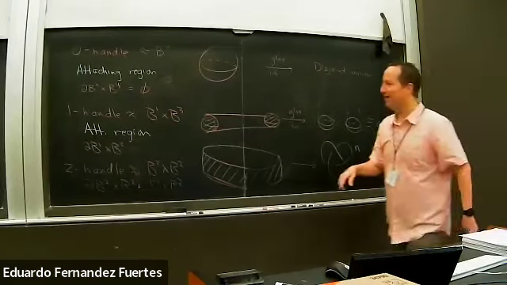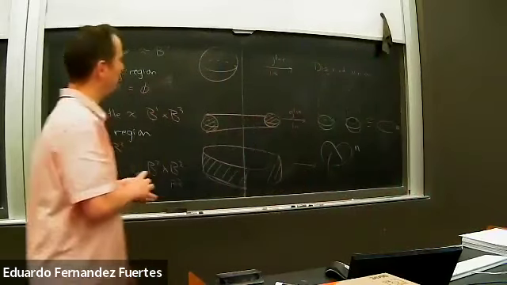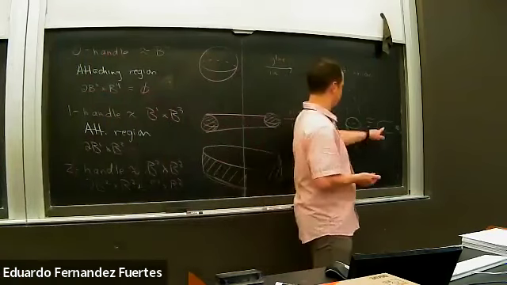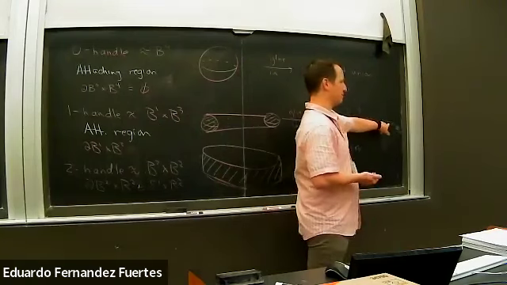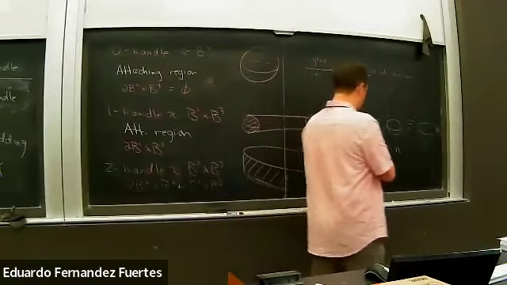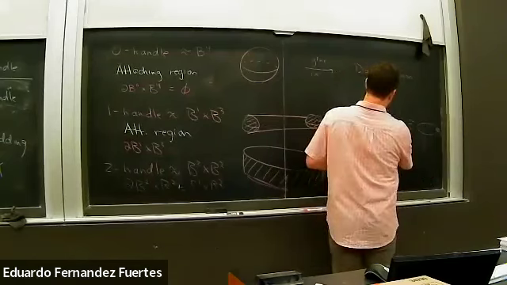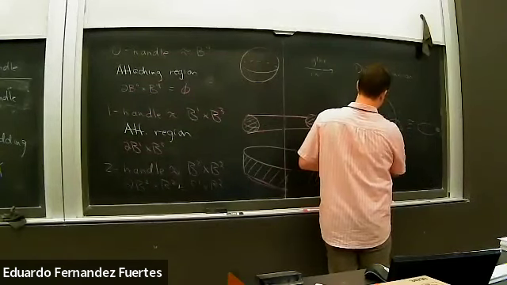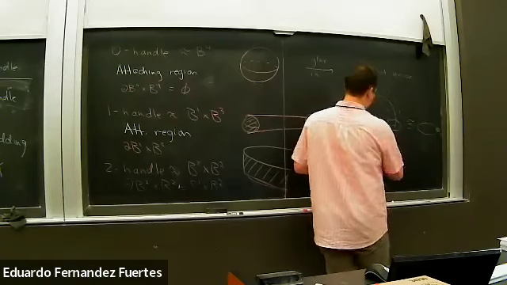Okay. Can I ask another question? Yeah. Does the circle in the second picture, is that like the attaching sphere of the two handle? This one here? Yeah. I'm trying to figure out what the circle represents in terms of this other picture. Okay, so the circle lies along there.